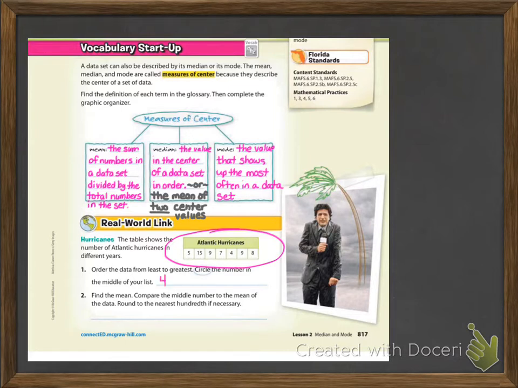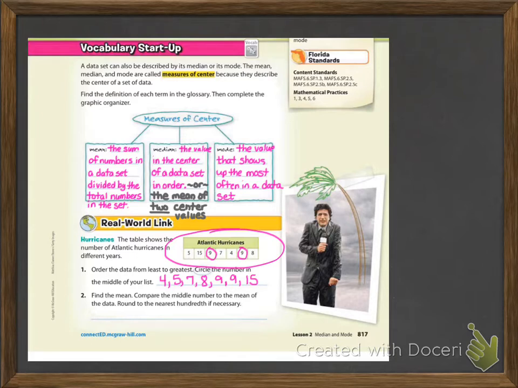From least to greatest, they are 4, 5, 7, 8, 9, 9, and 15. Now 9 shows up twice, so I write it down twice. Now I wanted us to circle the number in the middle of your list. You can do this a couple of different ways. I'm going to show you one way, kind of a rainbow.